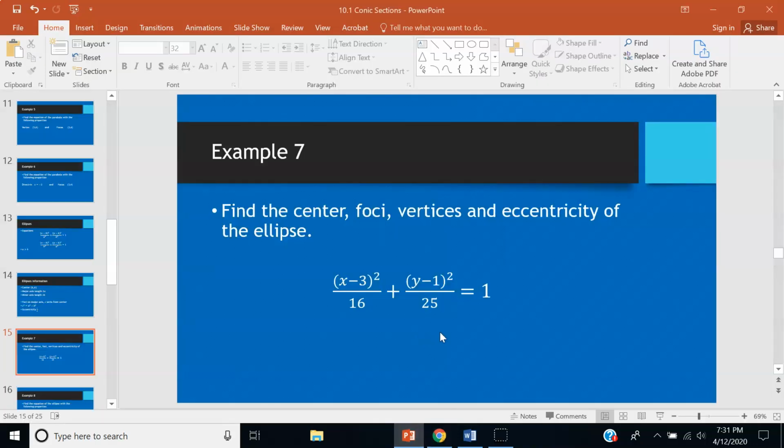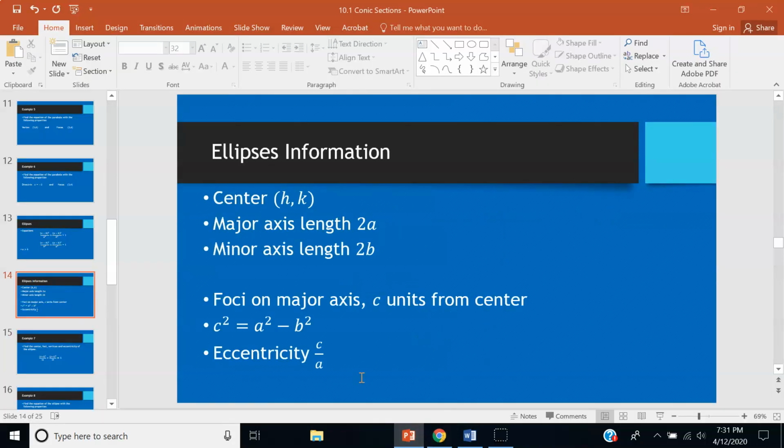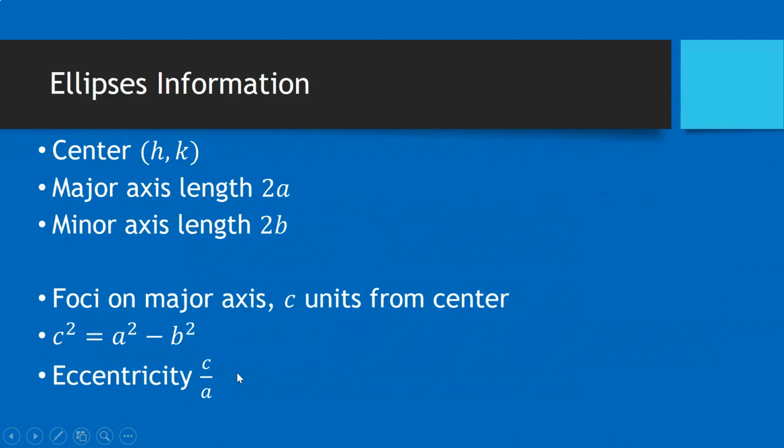And then lastly, this eccentricity that I mentioned earlier. Well, that eccentricity is sort of how skewed the ellipse is. We'll talk about that more a little bit later, but I do want you to notice that it is C over A. Now, you can figure out which one of these is going to be bigger, the A or the C. Well, the A is always going to be bigger because A squared minus B squared equals C squared.